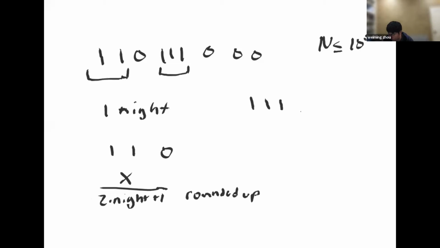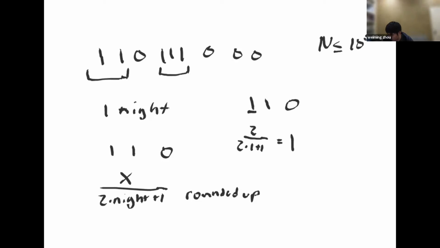If we consider a clump of length 2, and there's one cow that was sick initially, then what we have is 2 divided by 2 times 1 plus 1, which after being rounded up is equal to 1. And this corresponds to placing one cow here.